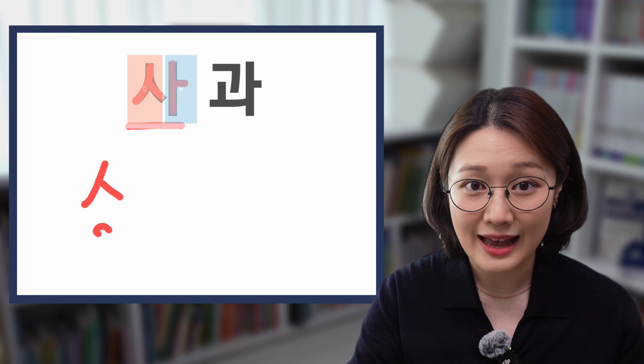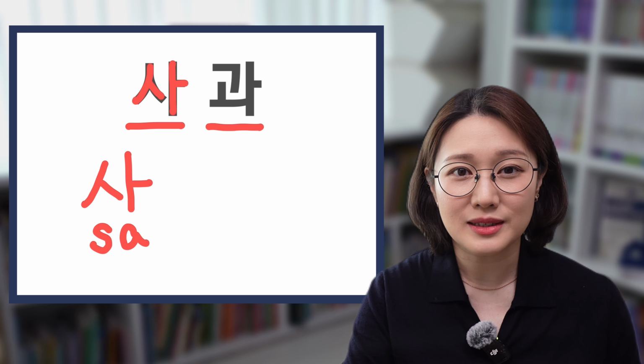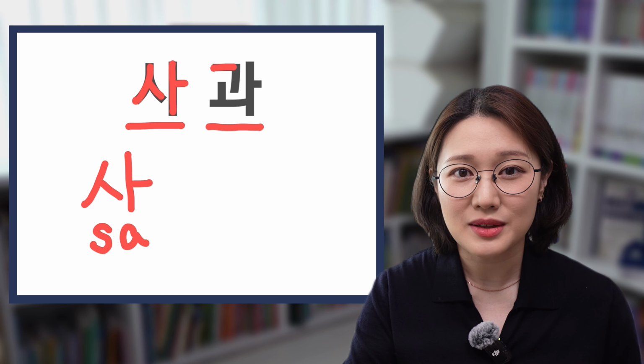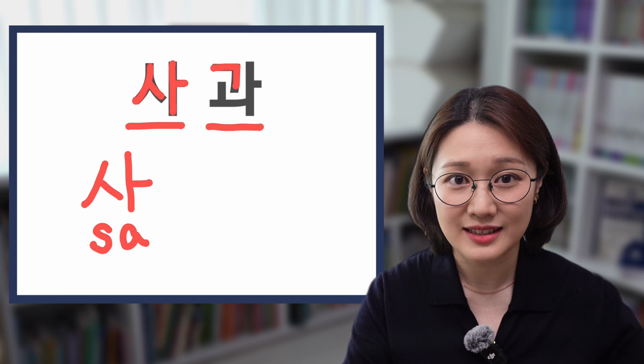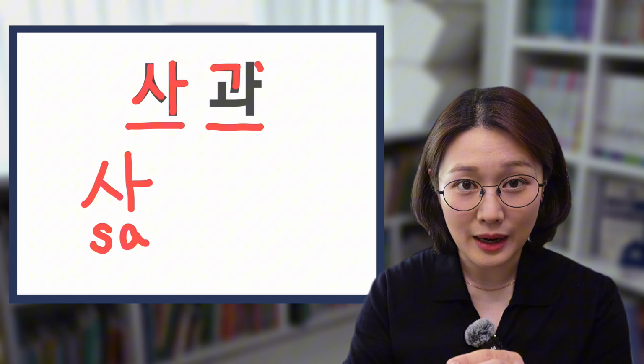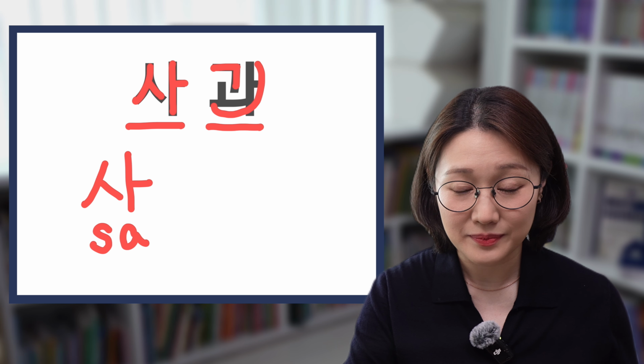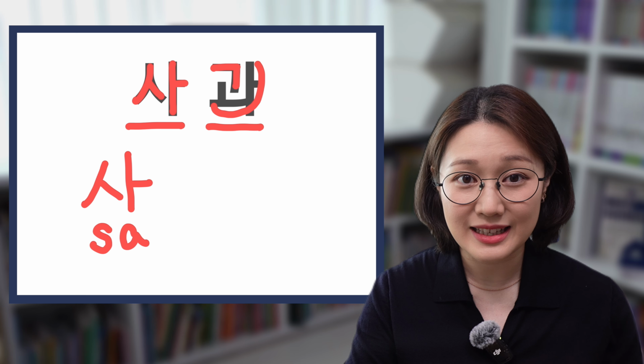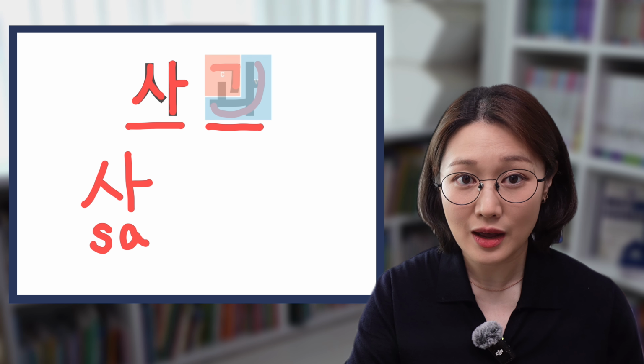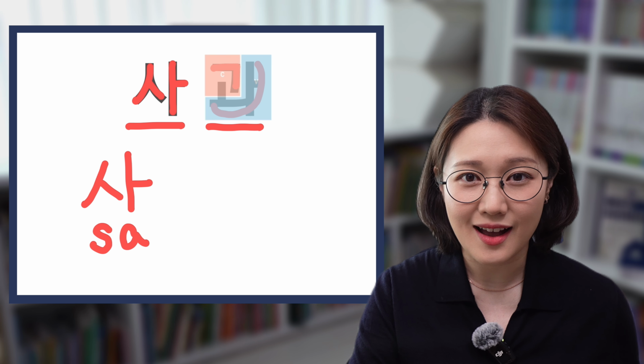Now, let's look at the second syllable. Oh, this one looks a little more complicated, but remember, the consonant is on the left at the top, or sometimes at the top left. So this part is the consonant, and the part around it is the vowel. That means this syllable has a compound vowel and no final consonant.